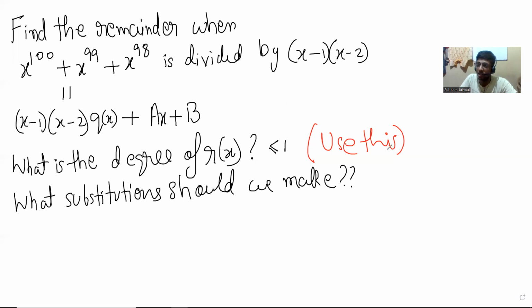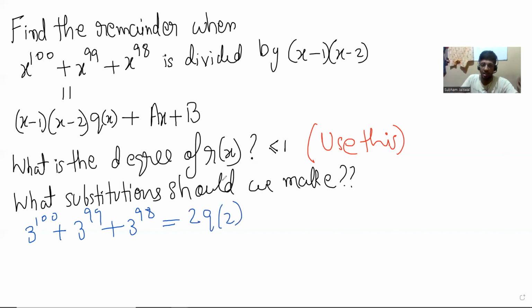You want to substitute, you're saying 3. Yeah, so let's see. If you substitute 3, then what will you get? What did you say after that? No, but you have the q of 3, and that is the biggest problem.